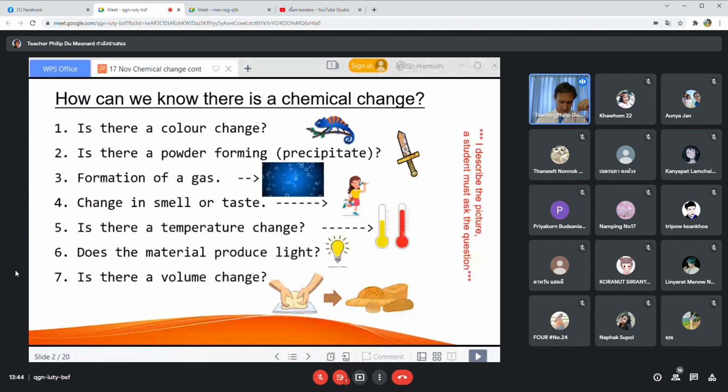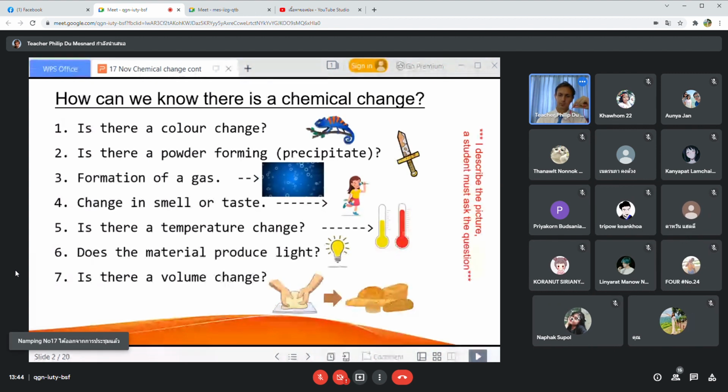We're almost finished. Let's ask Atom or number 25. Are you here? Number 25. Okay, I guess not. Let's ask number 20. Manao, number 20. Okay, let's ask Koranut. Where is this Koranut? It's number 21, by friend.